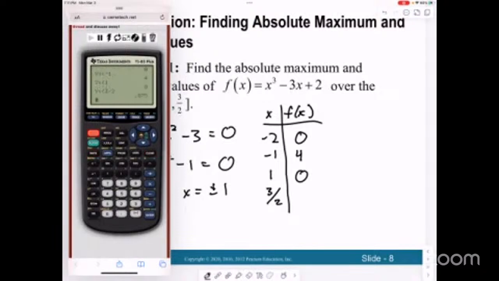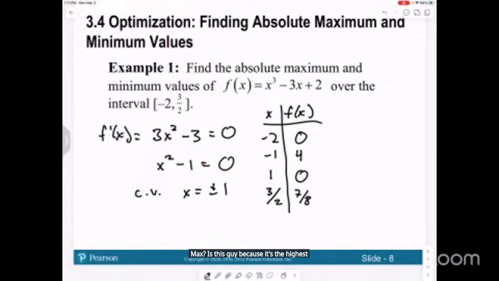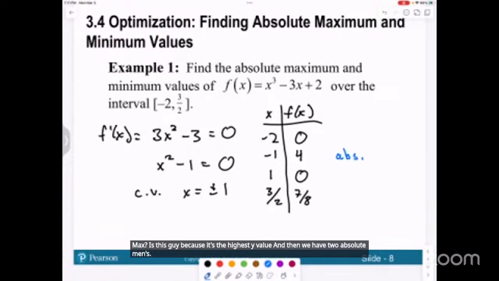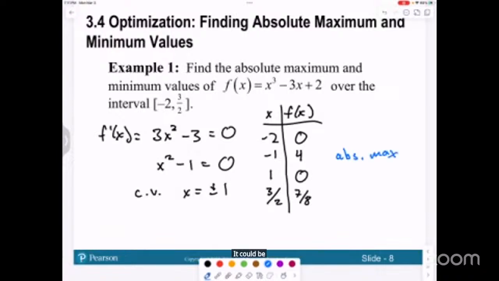So from there, we would say your absolute max is this one, because that's the highest y value. And then we have two absolute mins. It could be this one and this one.